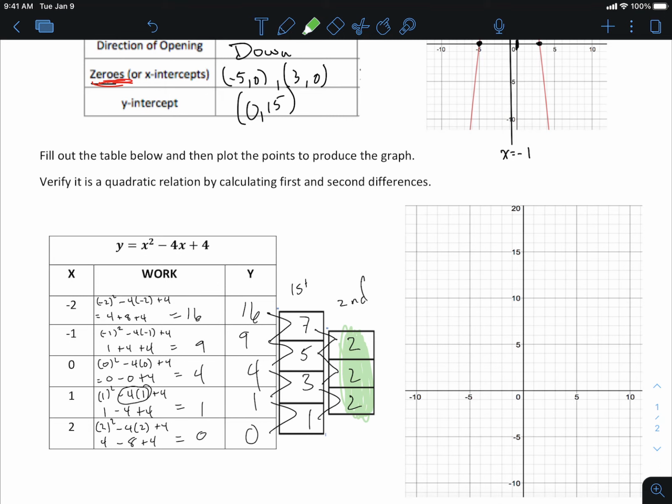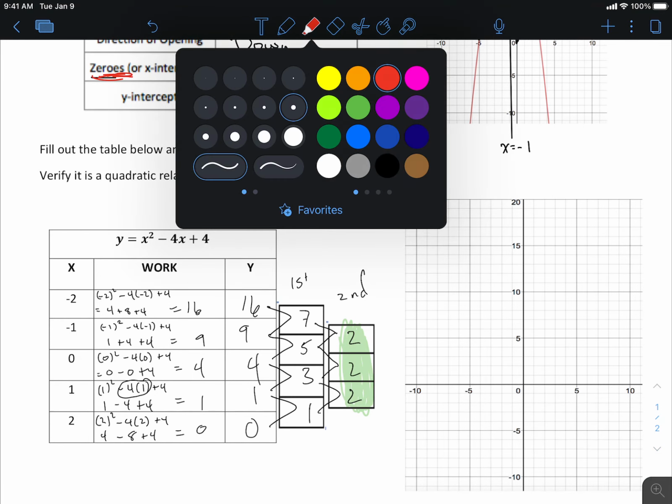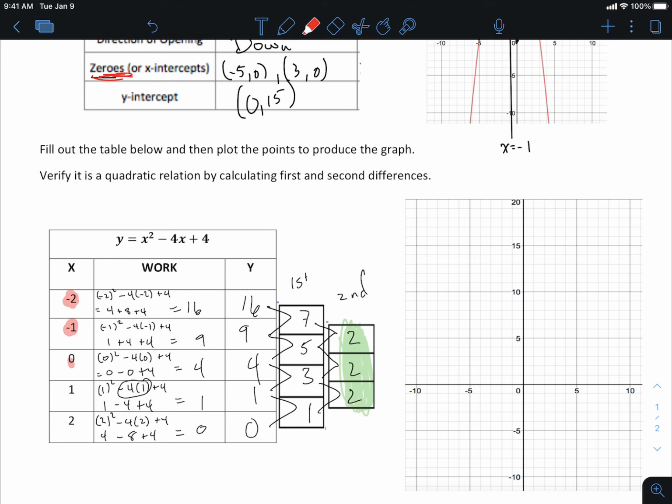But the next clue would be, okay, if I can go over to my graph and I can plot these points. Remember, I'm plotting inputs versus outputs, along the y.